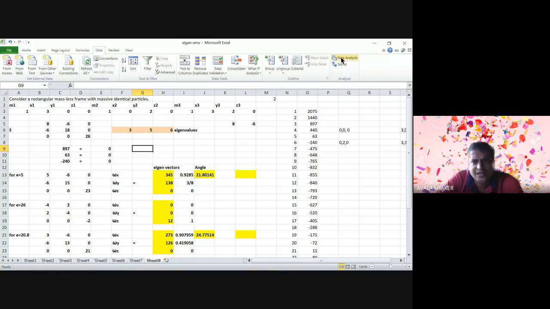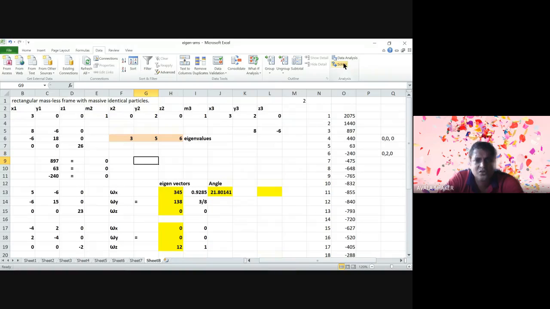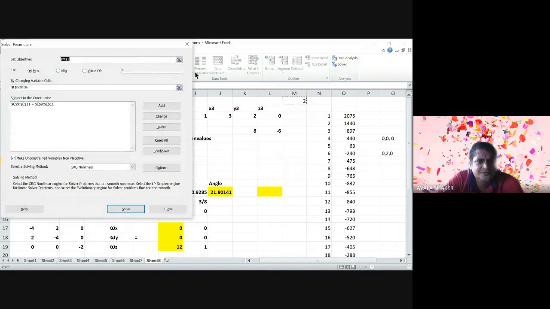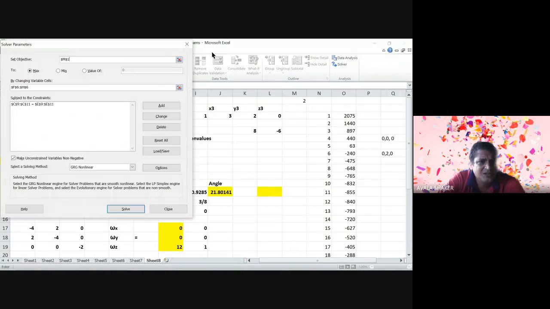Okay, so there you will find data analysis and solver. Okay, so go to solver. Here, this is useful when you have only one or two equations.